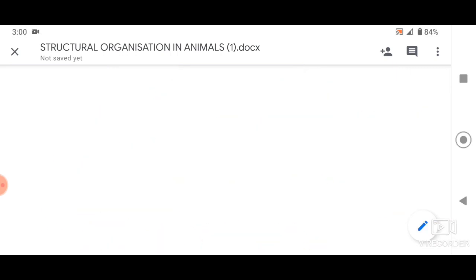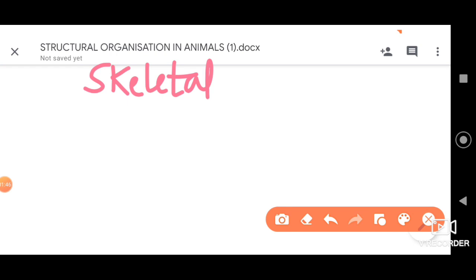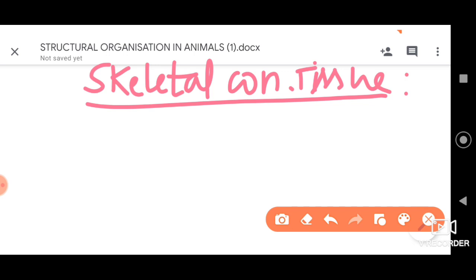Now let us discuss firstly the skeletal connective tissue. When we talk about this type of connective tissue, its extracellular substance, the ground substance, is solid.